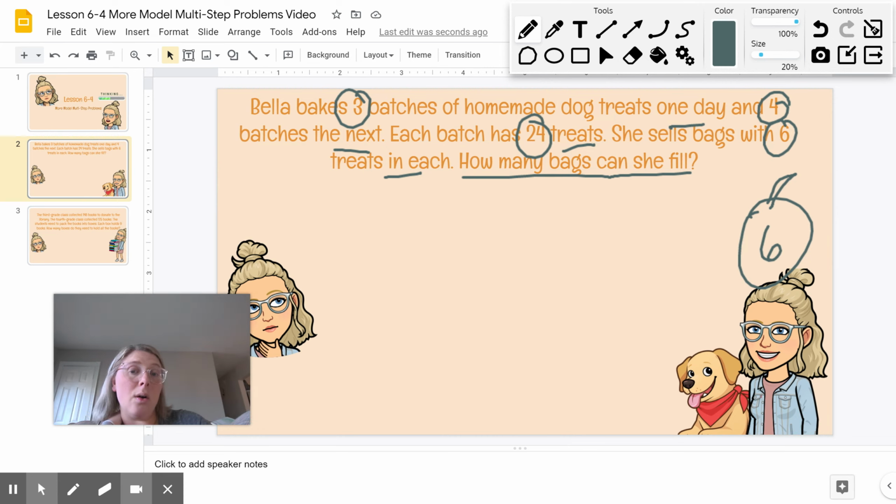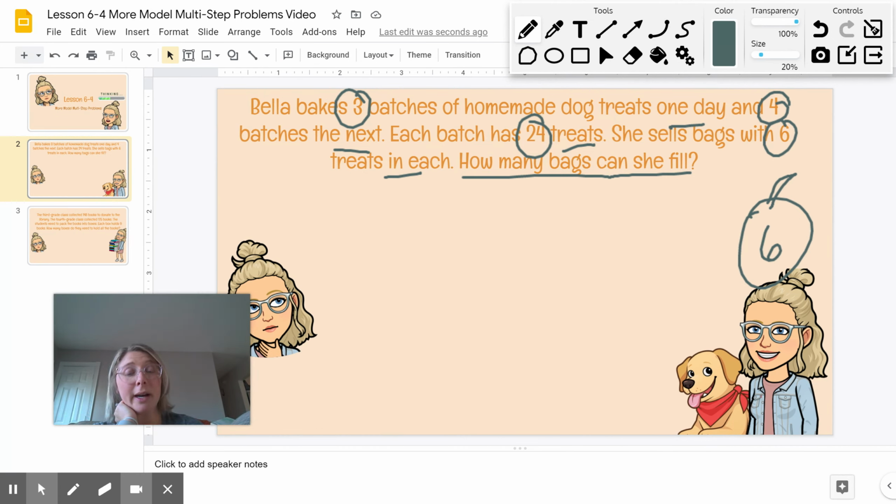Now, there's a hidden question here first. We have to figure out how many total treats she makes, since she has 3 batches one day and 4 batches the next, and each batch has 24.